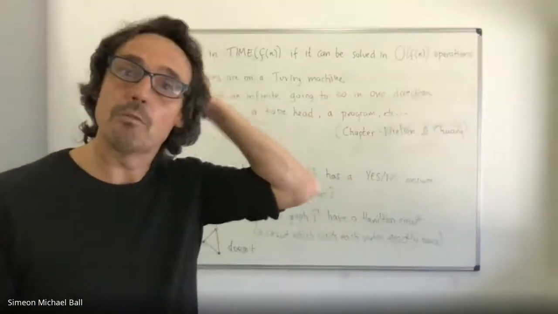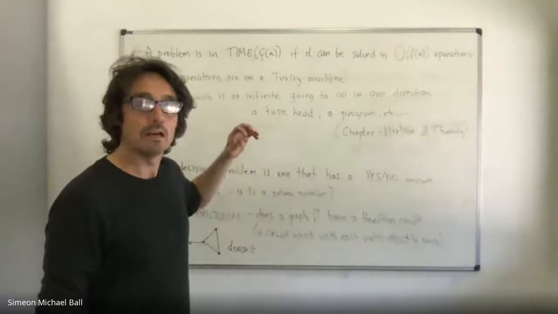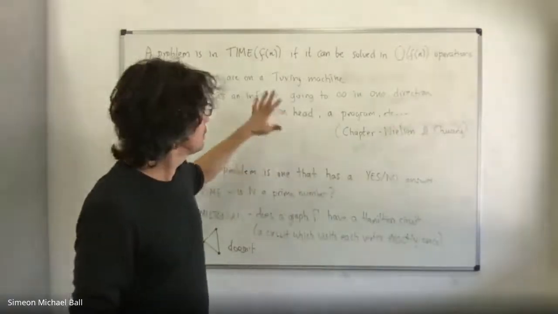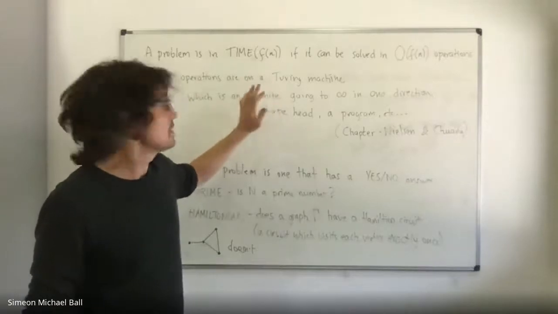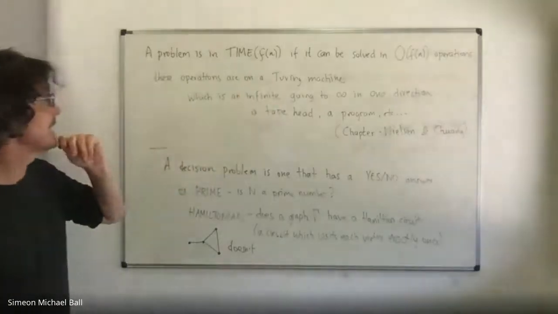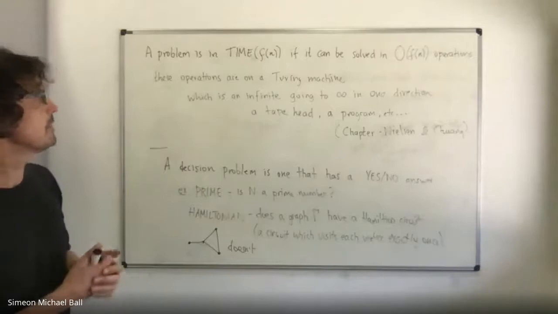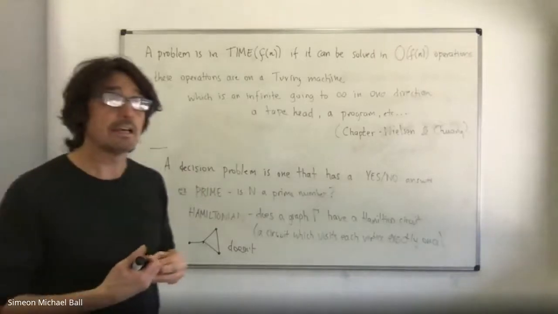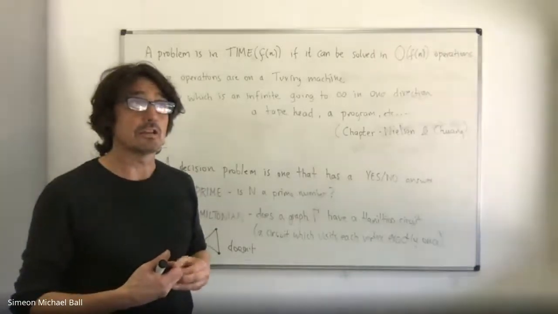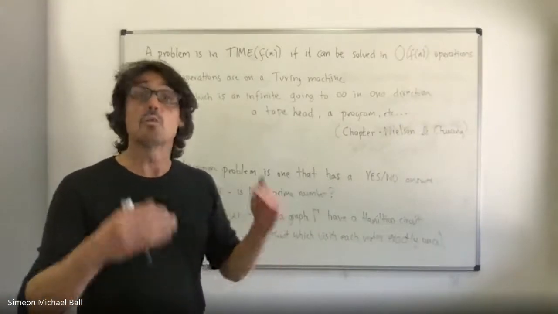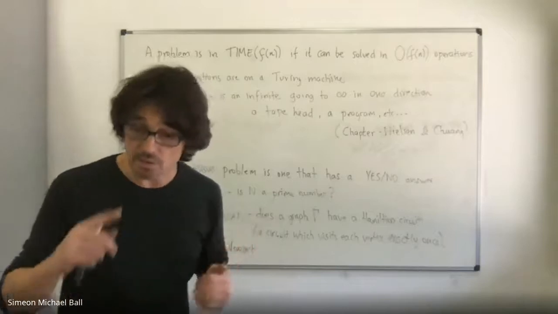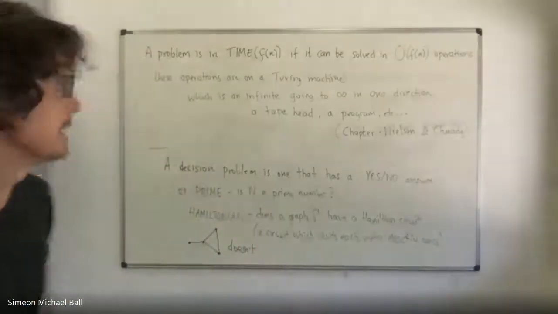Doing it all very formally, using the language of computer science and Turing machines, is not going to be exactly helpful to us. So I think it's enough to have just an informal idea of looking at an algorithm and working out how many operations it takes. What is important is to know exactly what this little n is.